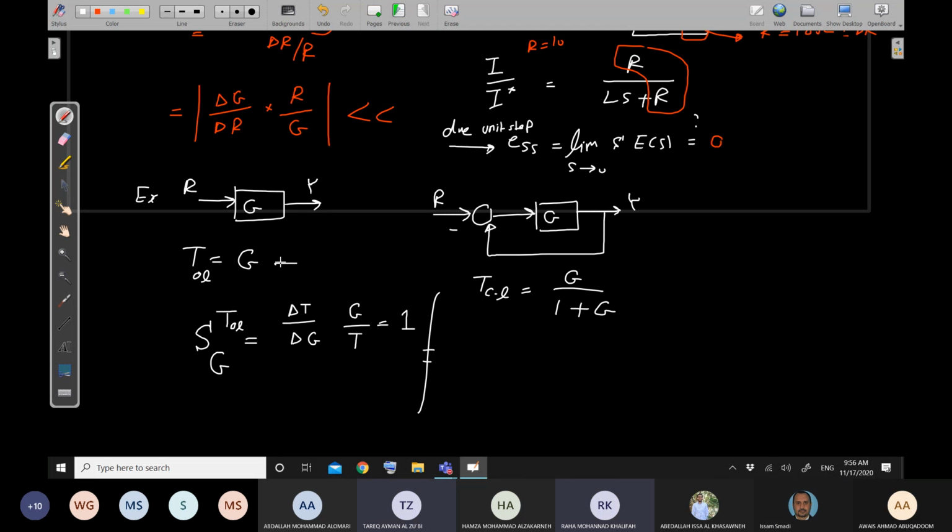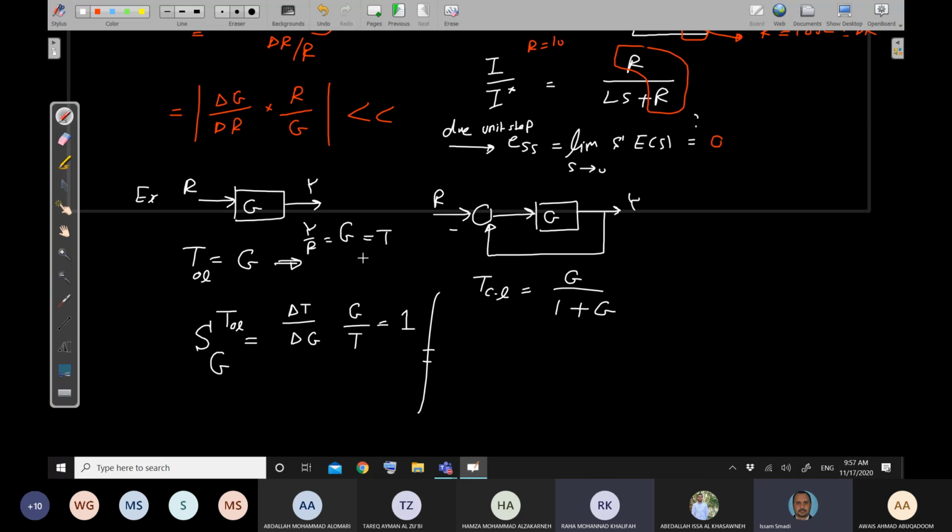Doctor, if G and T are the same, is delta T not necessarily the same as delta G? G and T are the same, yes or no? Yeah, but the difference may be in the percent change. Okay, just a minute. Y over R is equal to G, and this one is equal to T, yes or no?